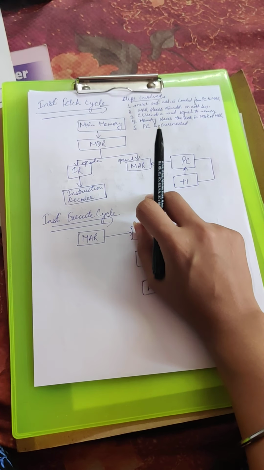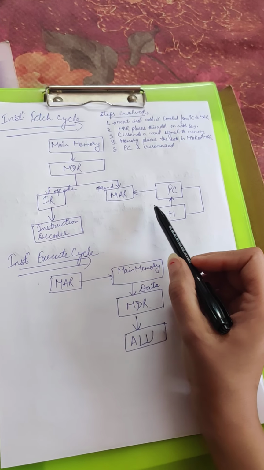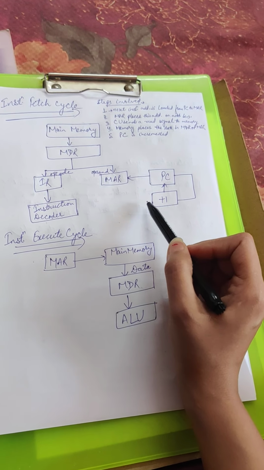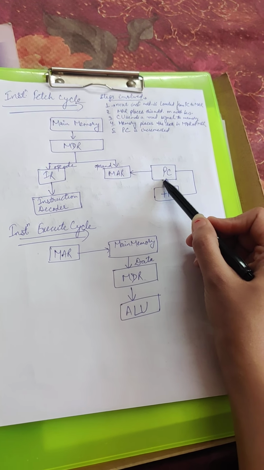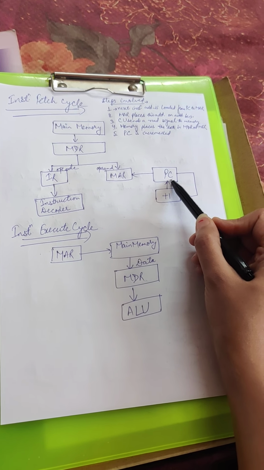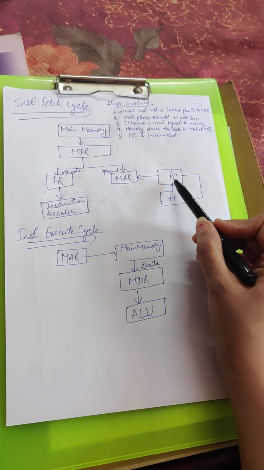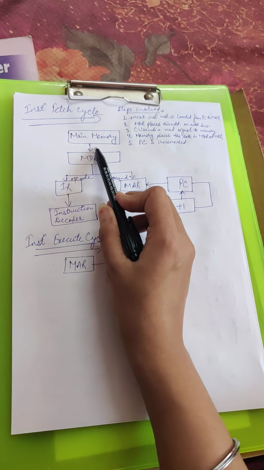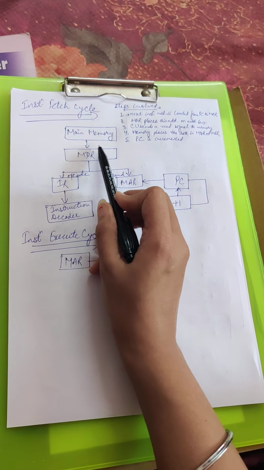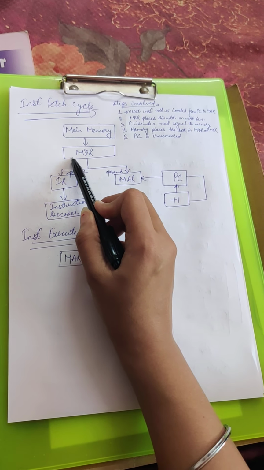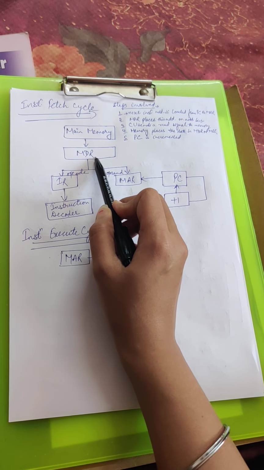So in this process, when a program is to be executed, the program counter stores the address of the next instruction to be executed. This address is transferred to MAR, and that instruction is fetched from main memory, read, and stored in the MDR register.